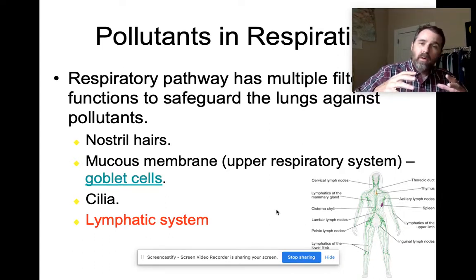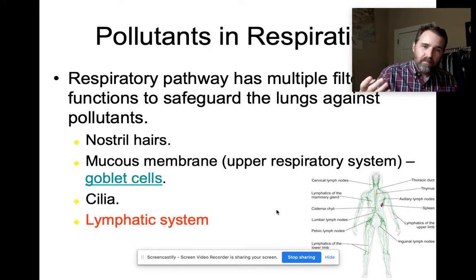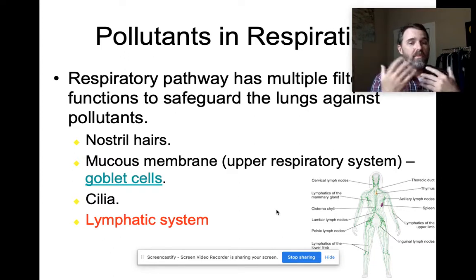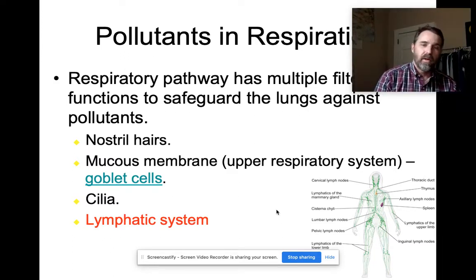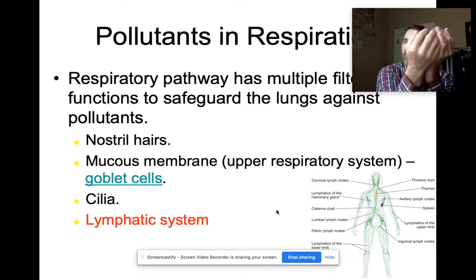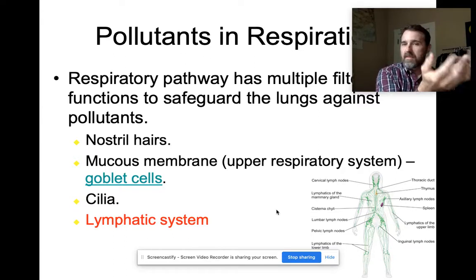So your upper airways have a ciliated membrane, which means that there's all these cells on the epithelium within the upper respiratory system. They all have these cilia, which are these projections that reach out and just sort of wave like this.